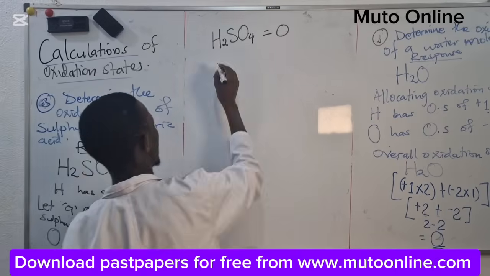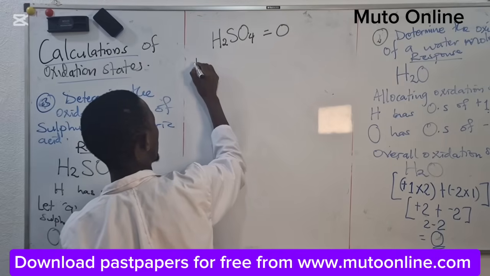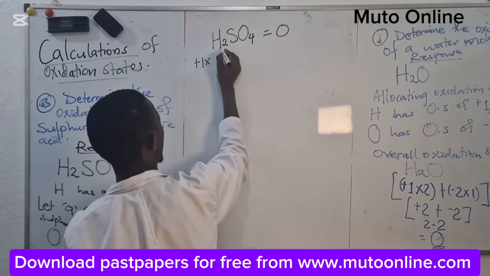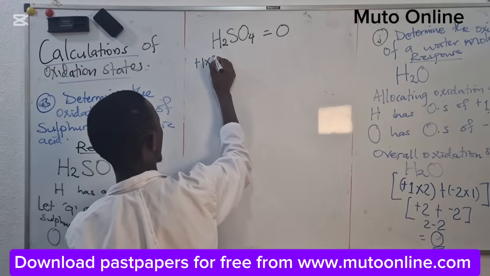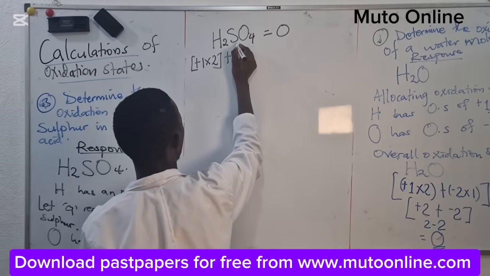So this means that what is the oxidation state of hydrogen? It is a positive 1 multiplied by the number of atoms of hydrogen, which is a 2, plus what is the oxidation state of sulfur?